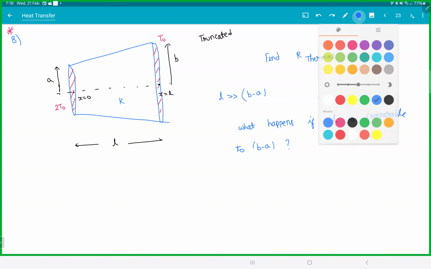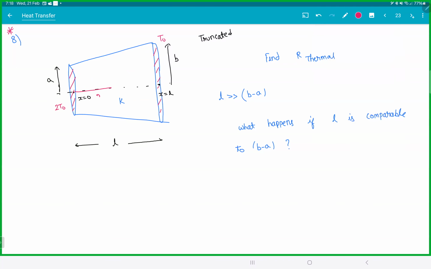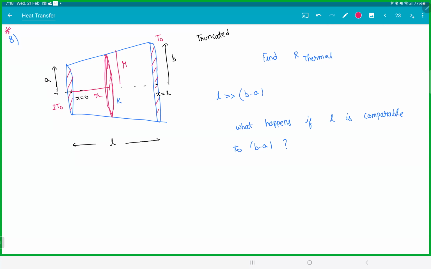I'll just help you with one thing. Can you do this for me? At a distance x, take a small disk. Can you find the radius of this disk as a function of x? Start from there. For this truncated cone, at a distance x, if you take a thin disk, what will be the radius as a function of x? That is just a mathematical equation.